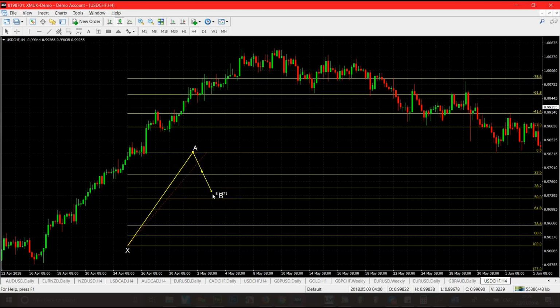If it goes as low as this point, it is valid. Now, what it mustn't do, it mustn't go all the way to 61.8. It mustn't get there, because if it gets to 61.8, that's a different pattern altogether. So the lowest it can go is the 50 level.